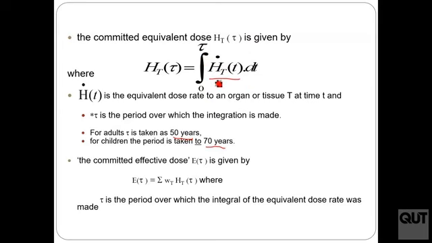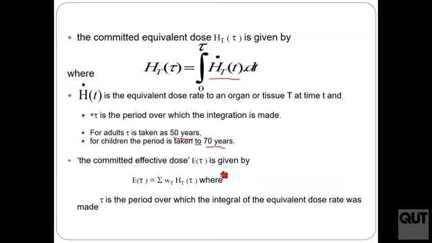But if you have a shorter-lived radionuclide, say cesium-137, which has a half-life of 30 years, then over 50 years it's actually going to change. So this integral becomes more important to calculate, and that could complicate things a little bit more.